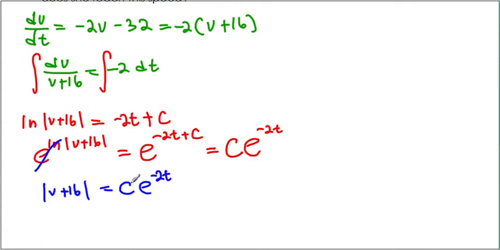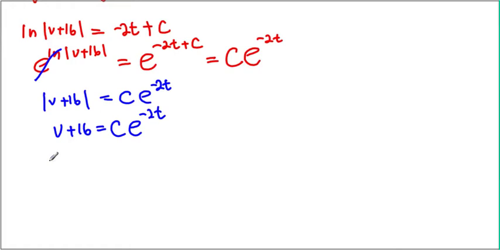Since we do not know what c is, we can express this as v plus 16 equal to c times e to the negative 2t. Now, by subtracting 16 from each side, we have v equal to c times e to the negative 2t minus 16.